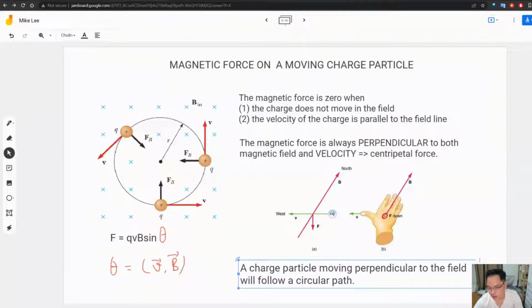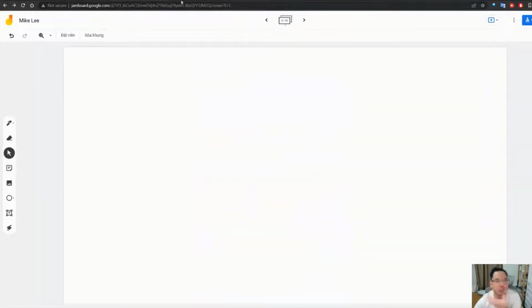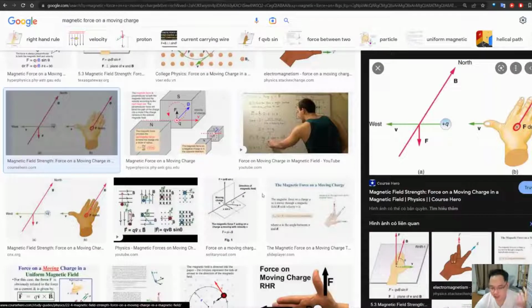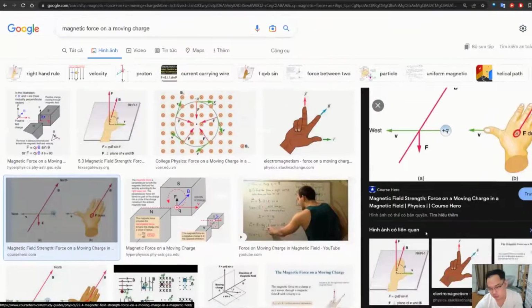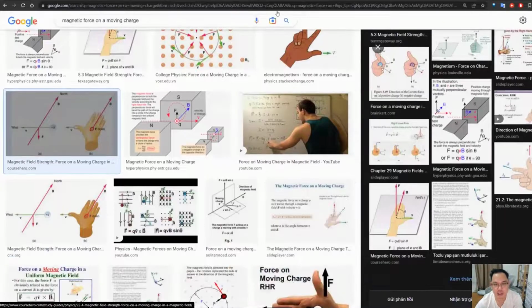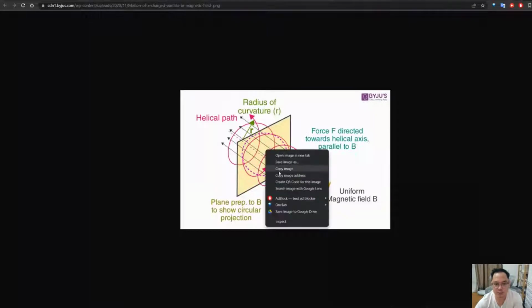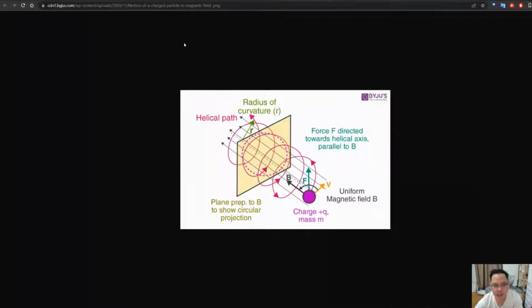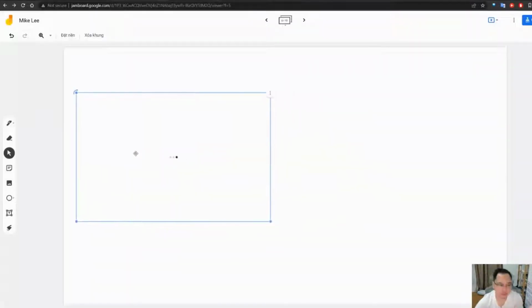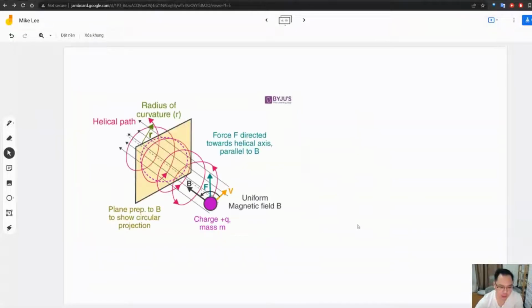But sometimes there's another case which is much more complicated and rarely seen in exam questions. That is the case when the charge moves in a helical path in the field, not circularly but helically.